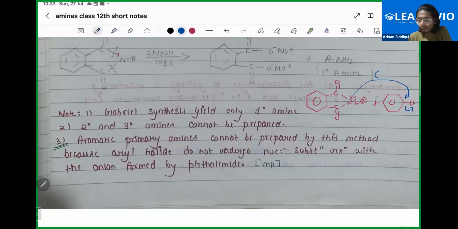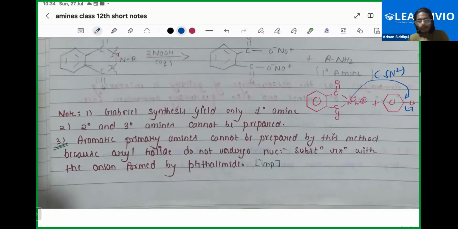Because the first thing is we have to do an SN2 reaction. And as benzene is a planar molecule, this is your benzene and here you have a chlorine. This is in a plane. If you are looking at a paper, a plane doesn't have a backside. If you are supposed to attack from the backside, it doesn't have one. It is just a plane.